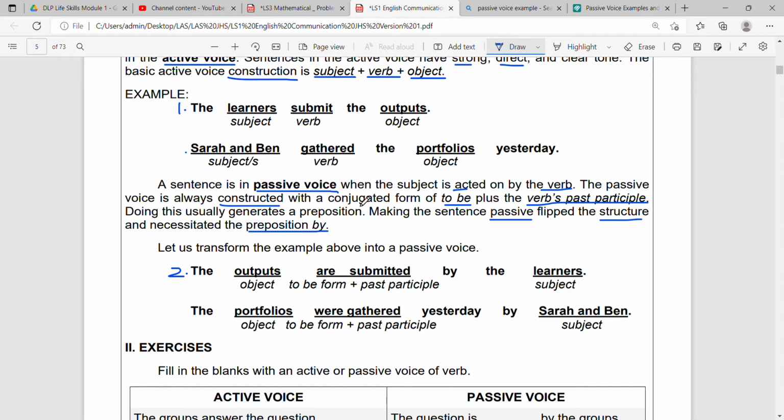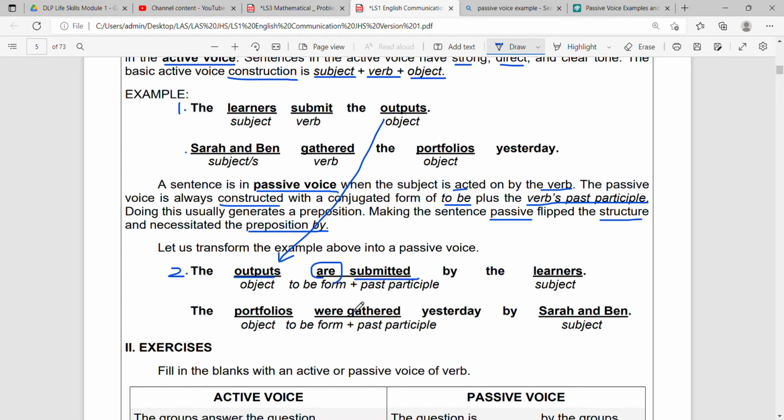So, ang object maunay nag-una, di ba? So, okay, observe that the object is in the beginning part of the sentence. Now, next is the to be form of the verb kaning are past participle.